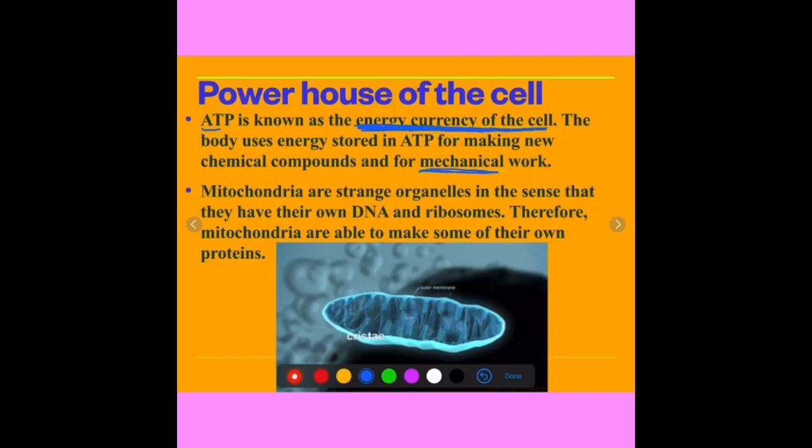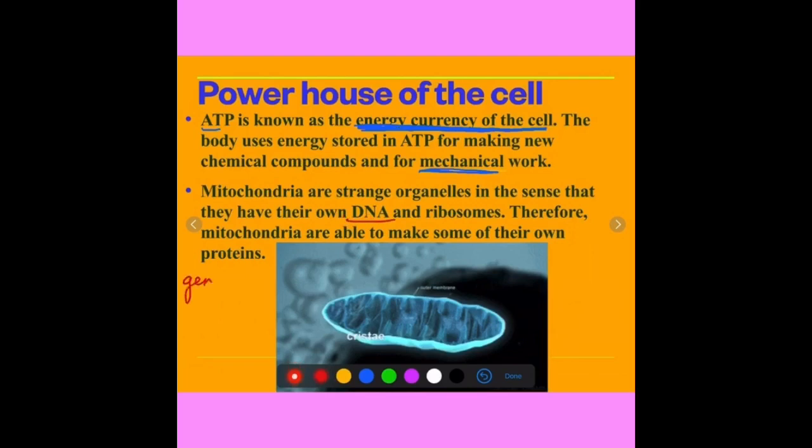These mitochondria are a bit strange. Why? Because they have their own DNA. The cell has a nucleus, the nucleus has the DNA, and what is the role of DNA? DNA is the genetic material.